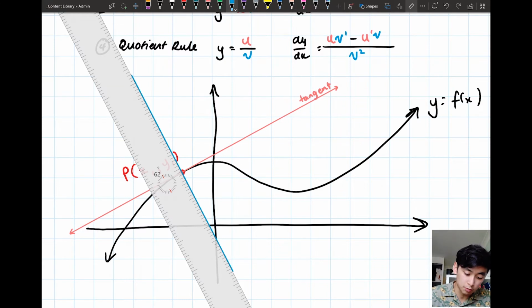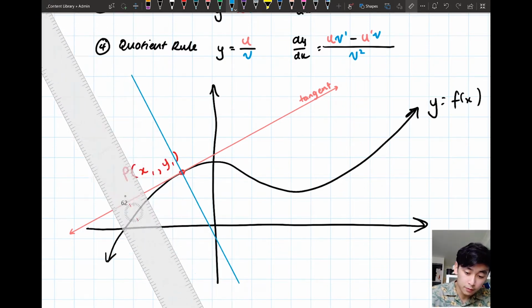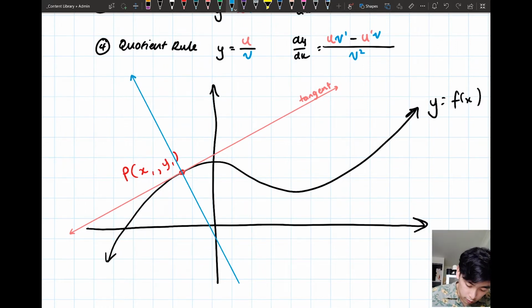This blue line, if I continue it further, is my normal. The thing we need to know about these two is that they meet at 90 degrees.